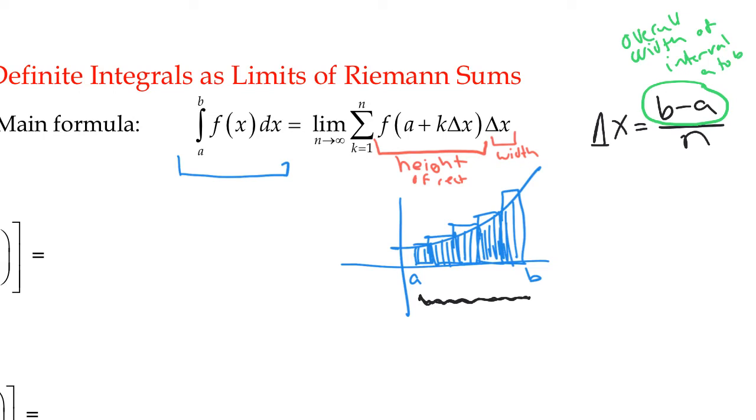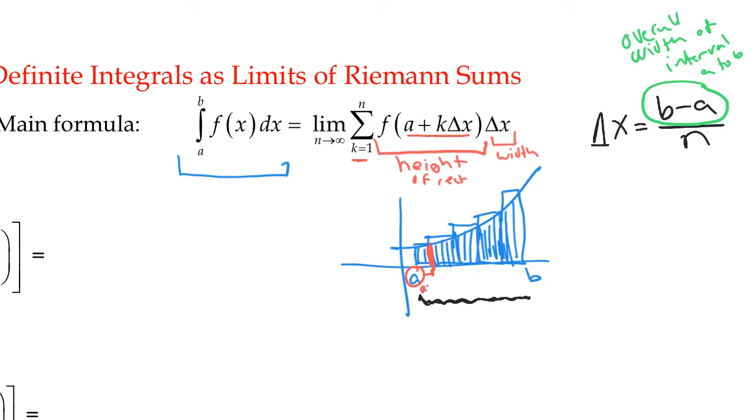Okay. The other thing I want to point out: this height of the rectangle is taking a, which is our first x value, and adding a little bit times the width of the rectangle. k is counting up our rectangles, so k starts as 1. At the very beginning, we'd have a plus 1 delta x. That means the first rectangle, and it's giving us this height right there.